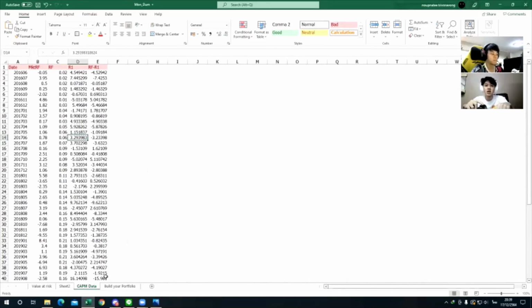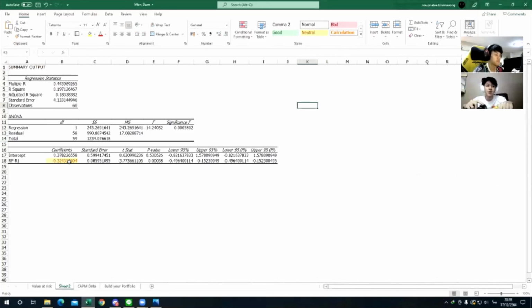Then we get our beta, right here at the highlighted one on the coefficient. This beta is negative, which means that it is very low in risk. This is very unusual, but it means that our portfolio has a very low risk.